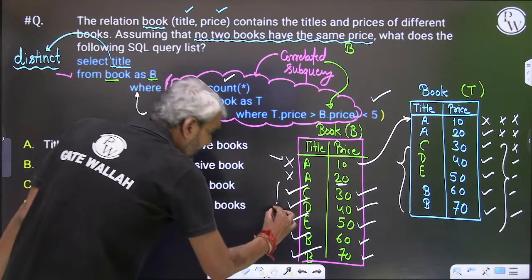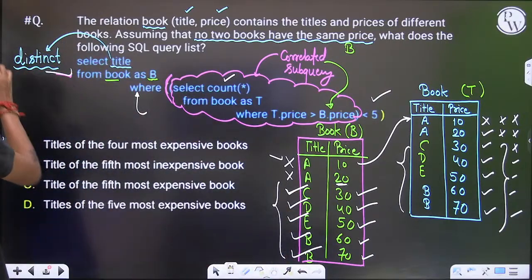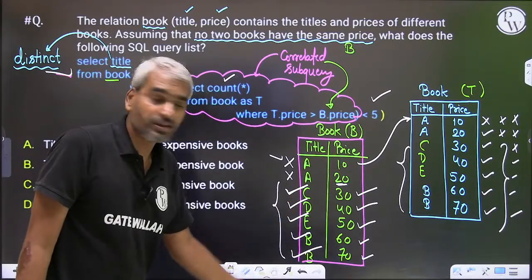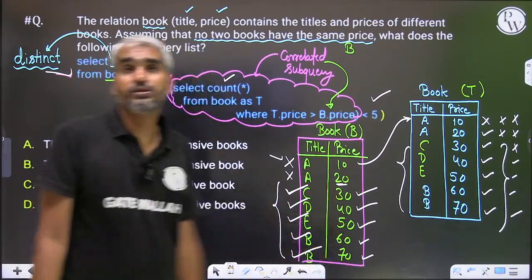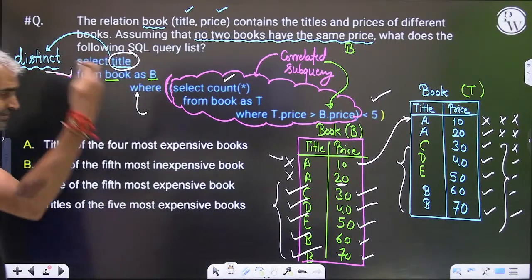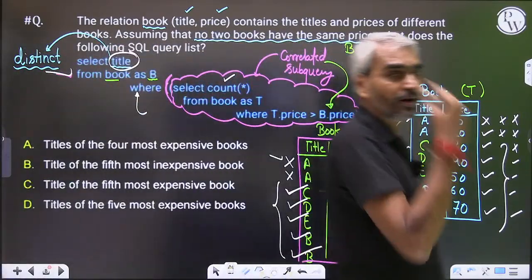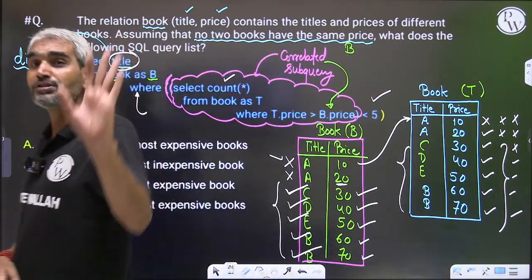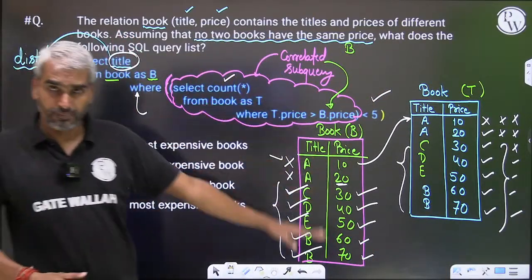So what exactly will be selected by this outer query? Sir, the outer query will select the tuples with respect to the 5 most expensive books, and out of those tuples the title will be selected. So basically we will output the titles of the 5 most expensive books in the book table.